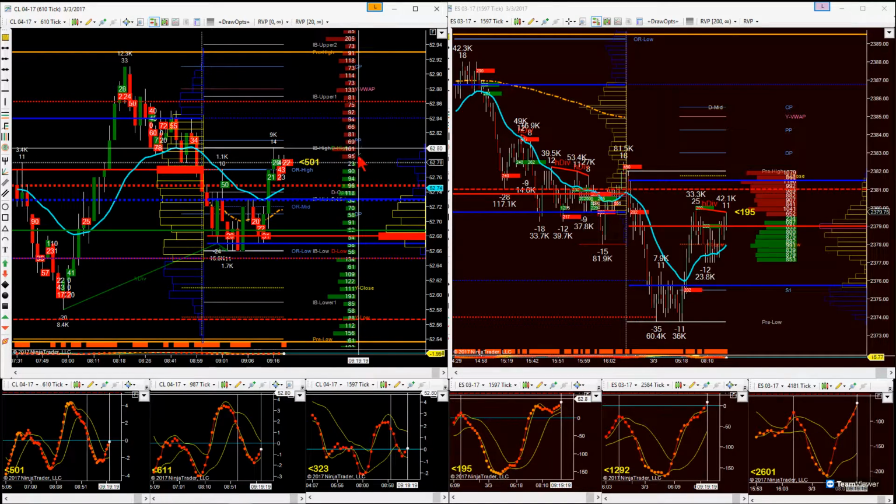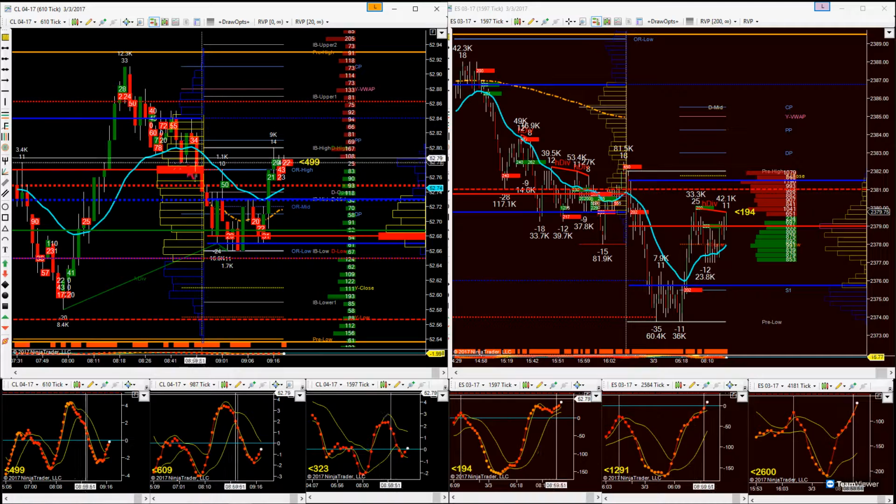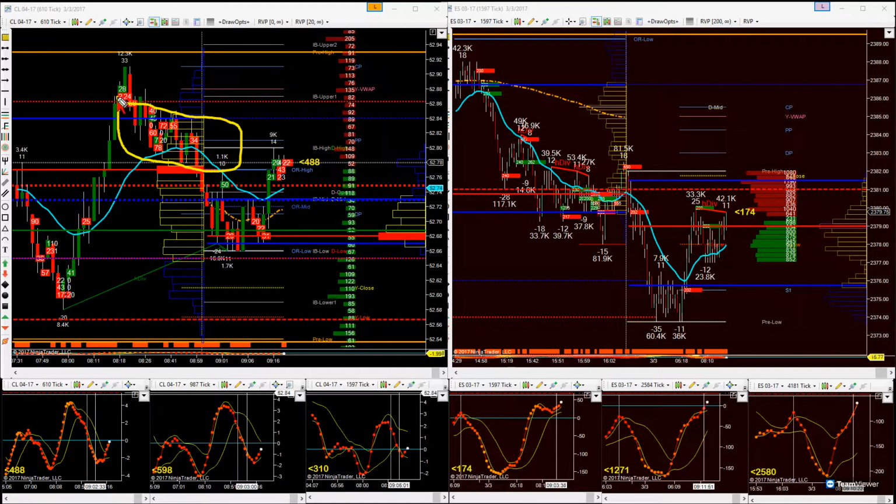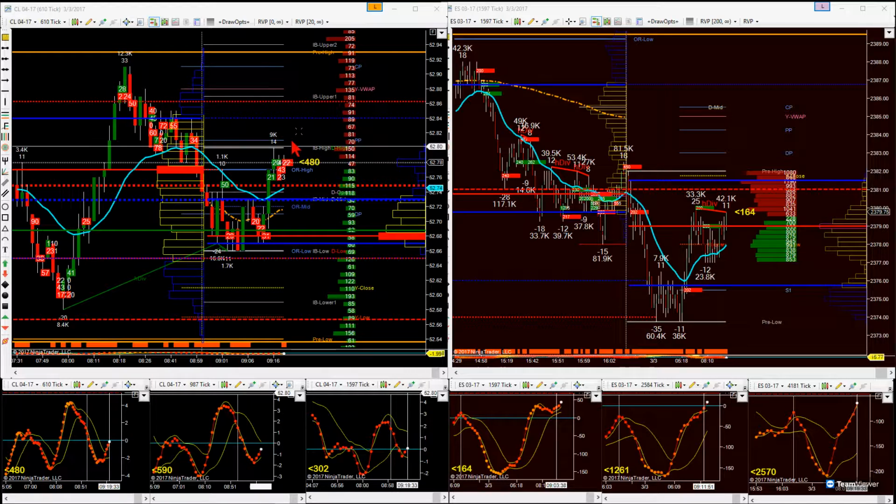But I'd like us to get up further into the consolidation point of overnight, somewhere back here, somewhere in this area here.